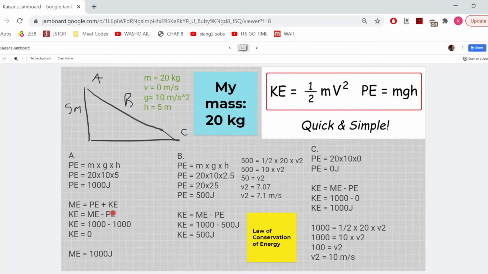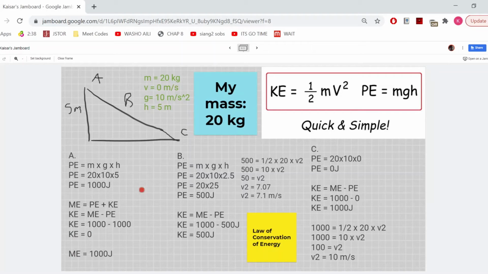So kinetic energy equals mechanical energy minus potential energy, and mechanical energy will remain constant throughout this whole experience, because it stays at 1,000 joules. It doesn't decrease, nor will it increase at any point, because it's the sum of these two energies. Because I'm not moving, obviously my kinetic energy would be 0 joules.